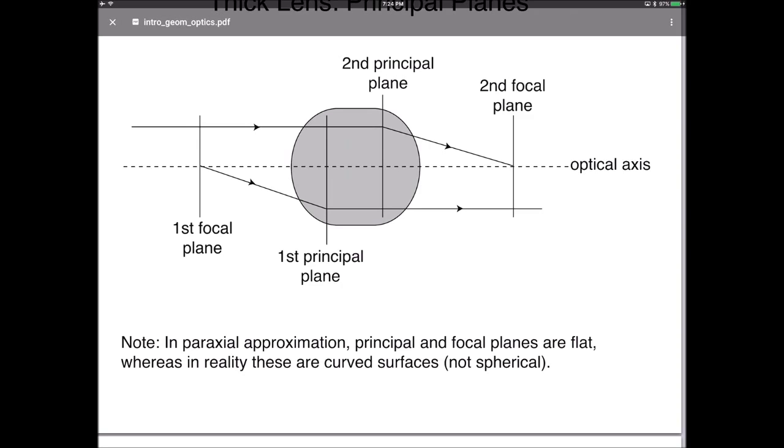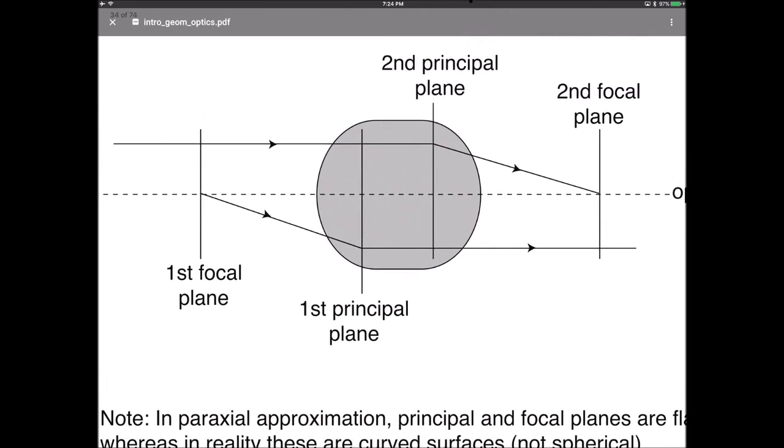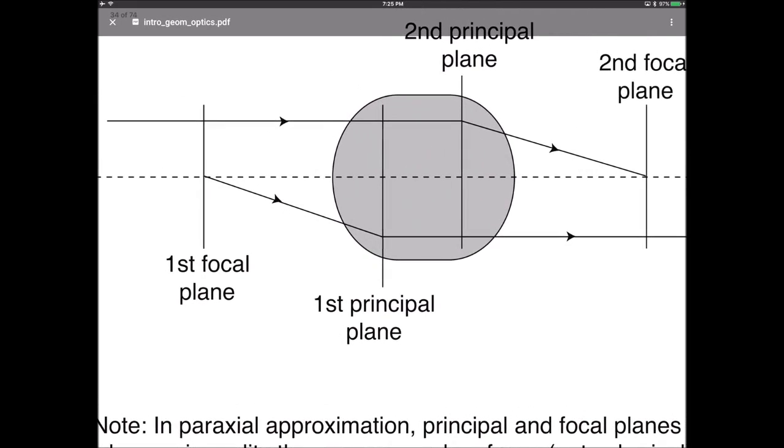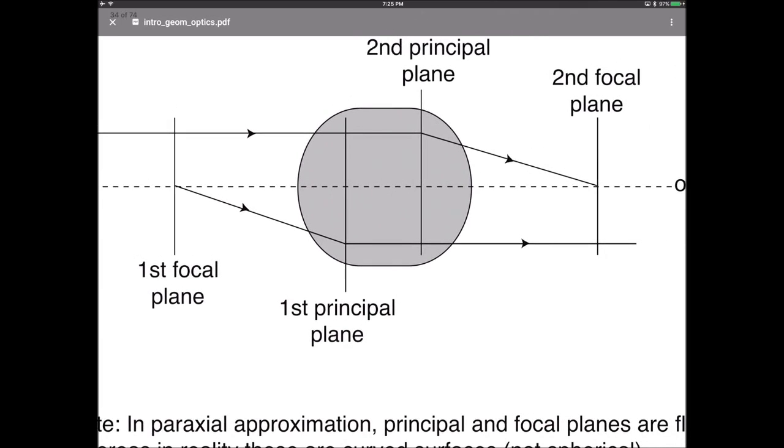Right. So in the case of a thick lens, we can define two more planes other than the first and the second focal plane. These two planes are called the first principal plane and the second principal plane. The first principal plane is defined as: if a point source is placed at the first focal plane and a ray of light travels out from it, the plane at which that ray of light hits and becomes parallel to the optical axis is called the first principal plane.